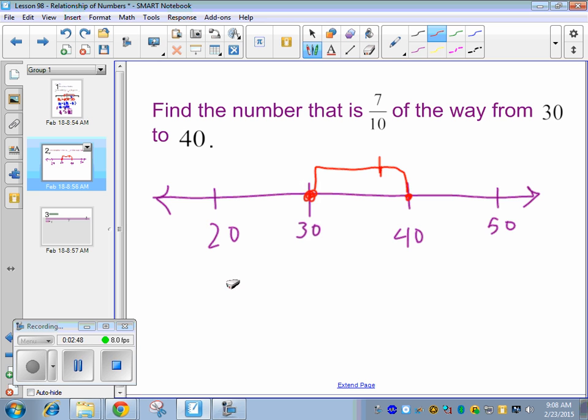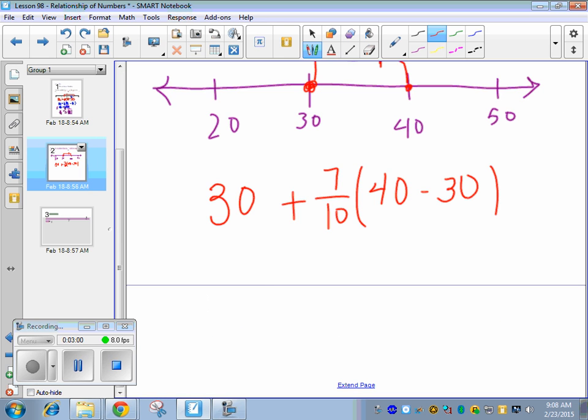But what we're always going to do is the smallest number plus the fraction times the bigger number minus the smaller number, the difference between the two. So now we've got 30 plus 7/10, and 40 minus 30 is 10.